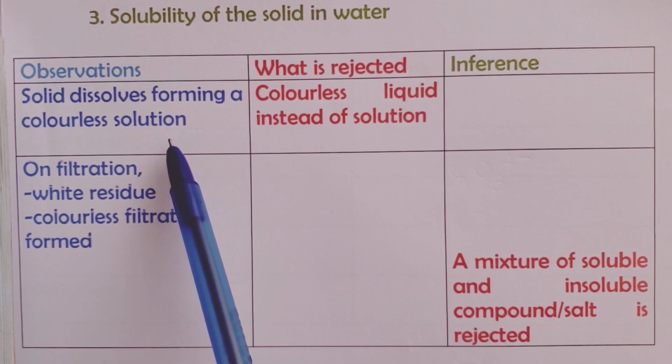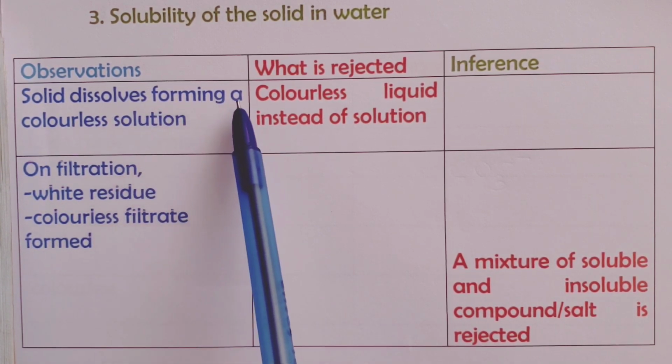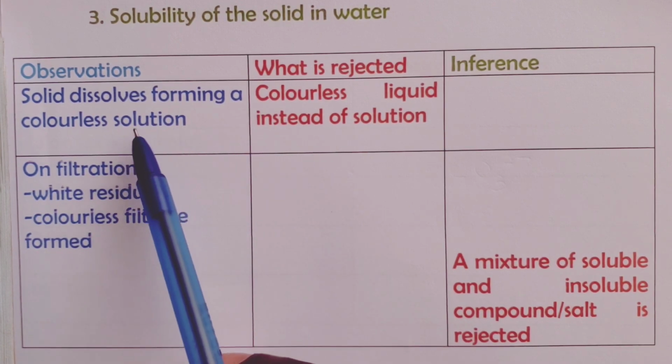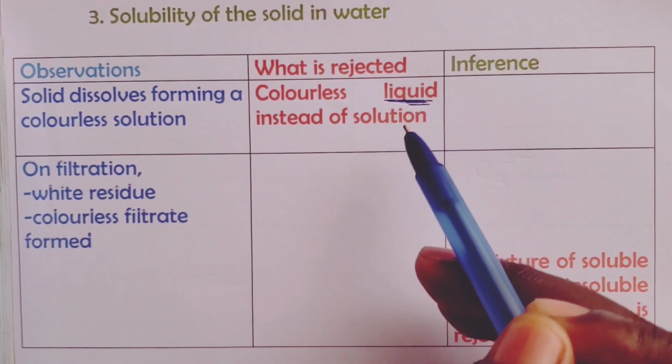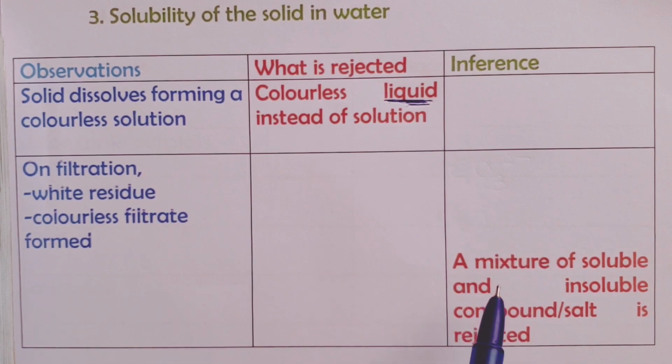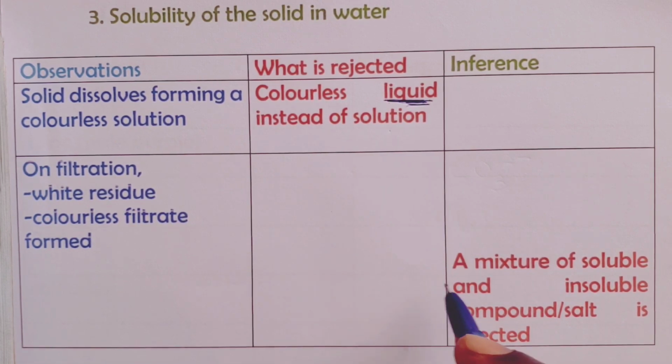A common mistake candidates make is saying the solid dissolves forming a colorless liquid. It has to be solution because this is a situation where you are dissolving a solute in a solvent. The result is not a liquid but a solution. So get to know that, candidates.